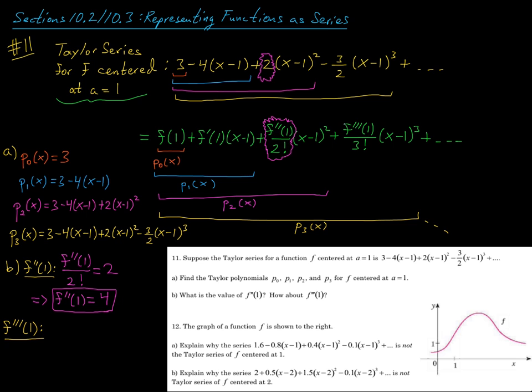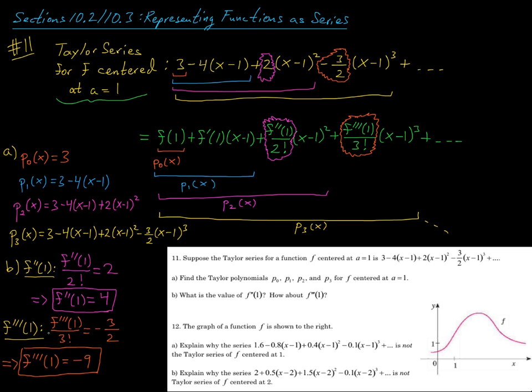All right, now for f triple prime of 1, it's basically the same idea. f triple prime of 1 shows up as part of the coefficient of x minus 1 cubed in the Taylor series. And from the given series here, I can see that that coefficient must be negative 3 halves. Quantities must be the same. So f triple prime of 1 over 3 factorial is equal to negative 3 halves.